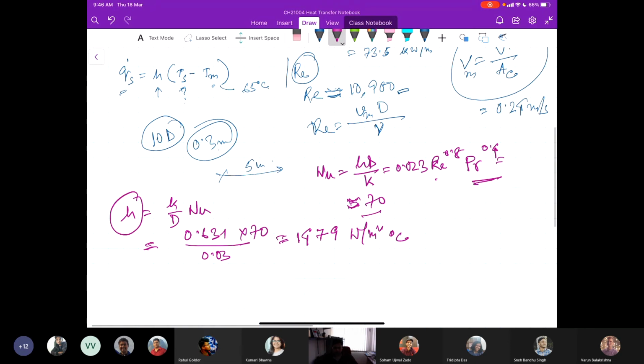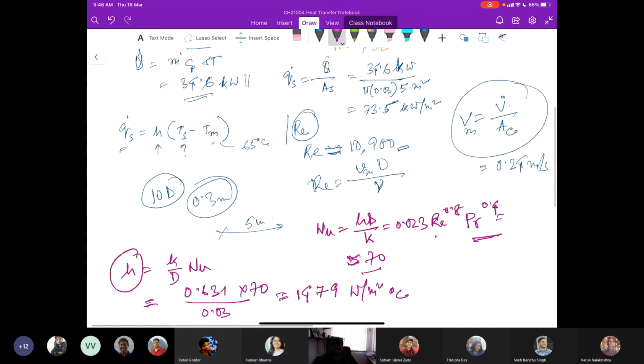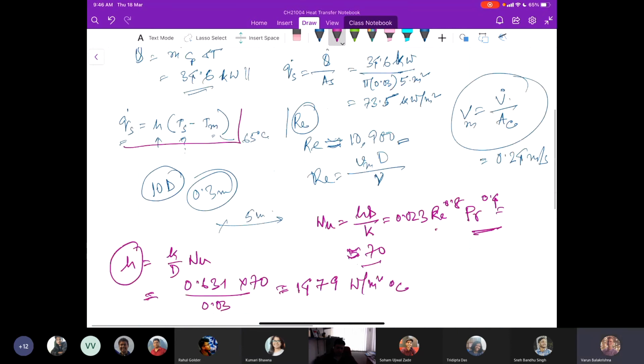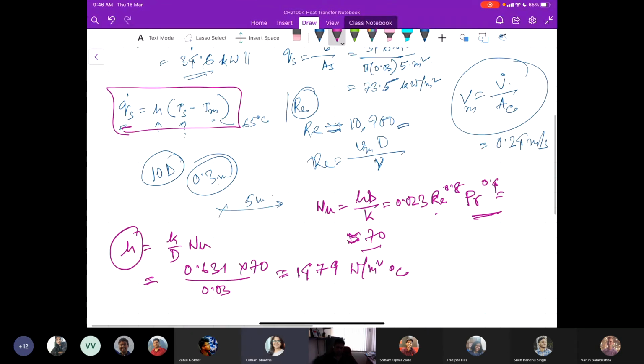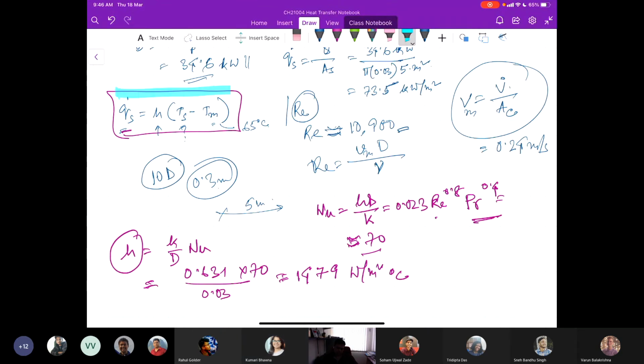What is the surface temperature? Now we go back to this expression. And from here, what can we write? This expression means this highlighted one.